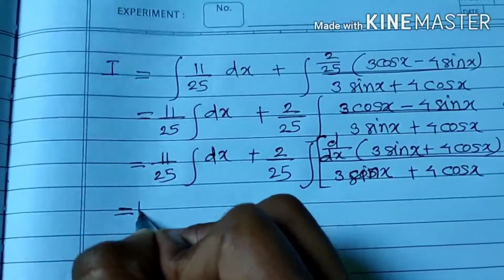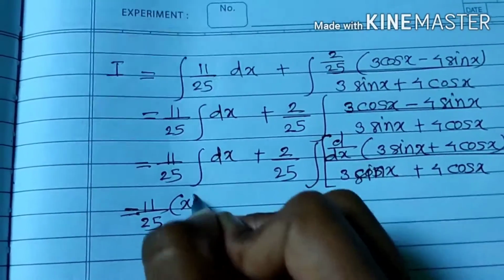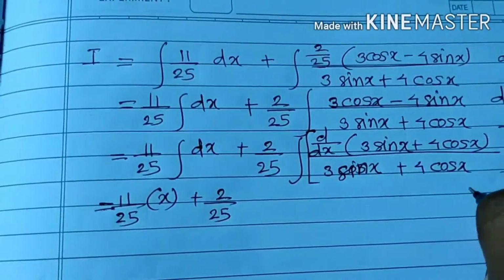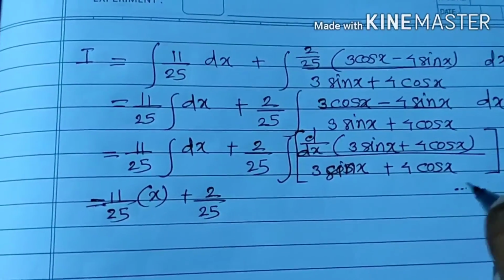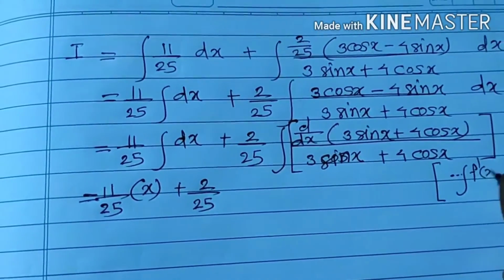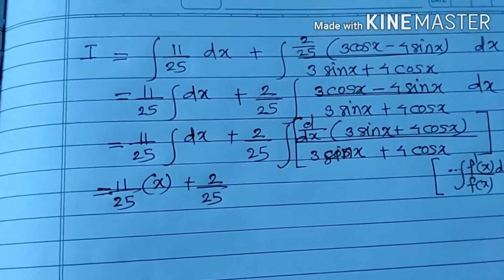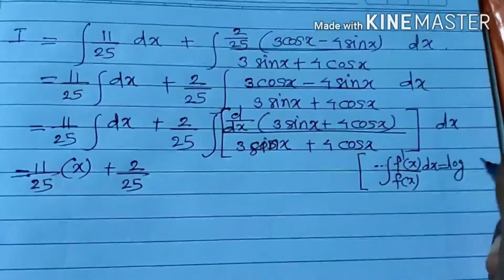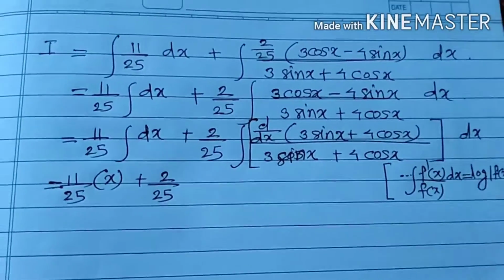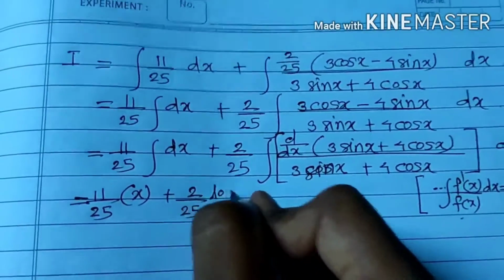So 11 upon 25 into integration of dx is x, plus 2 upon 25. So we know that integration of f dash of x upon f of x into dx is equal to log of f of x plus c. So using this, the integration is log of f of x.